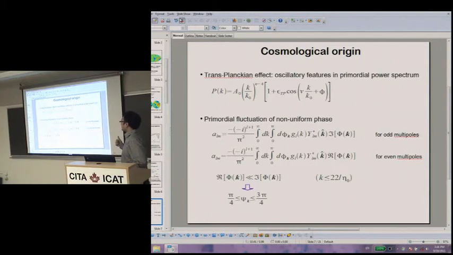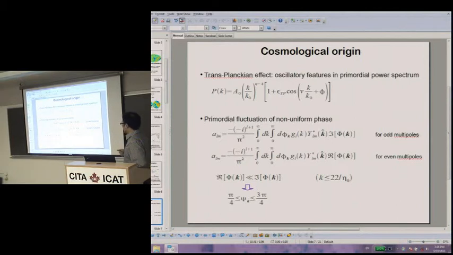The second model considered by the WMAP team has a logarithmic dependency here. And another one you may call primordial fluctuation. So here, the decomposition coefficients a_lm are related to the imaginary part of the primordial fluctuation when l is an odd multipole, and the real part when it's an even multipole.